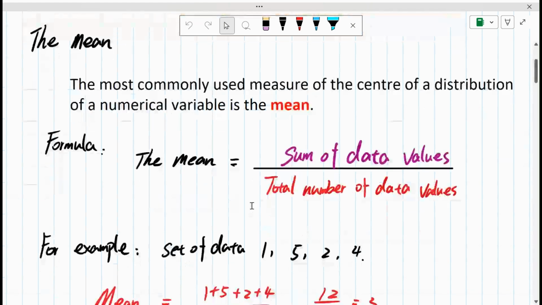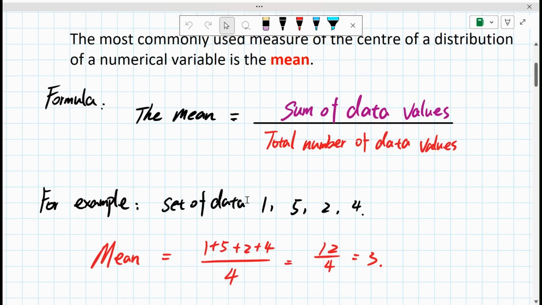For example, if a set of data is 1, 5, 2, 4, we have 4 different numbers, so the total number of data values is 4.